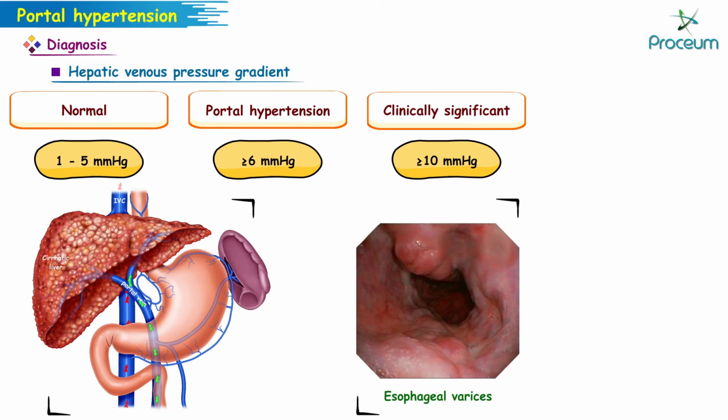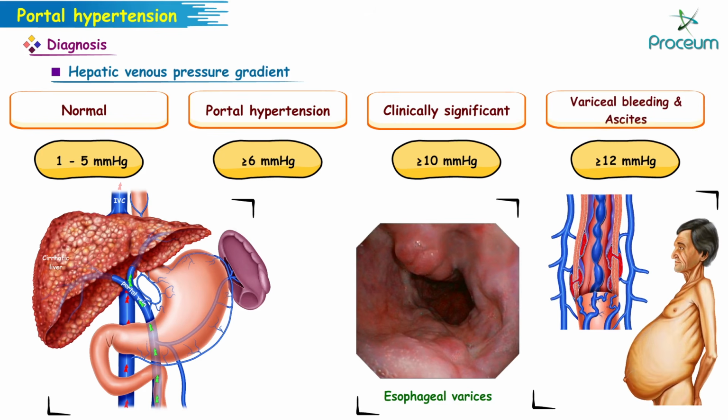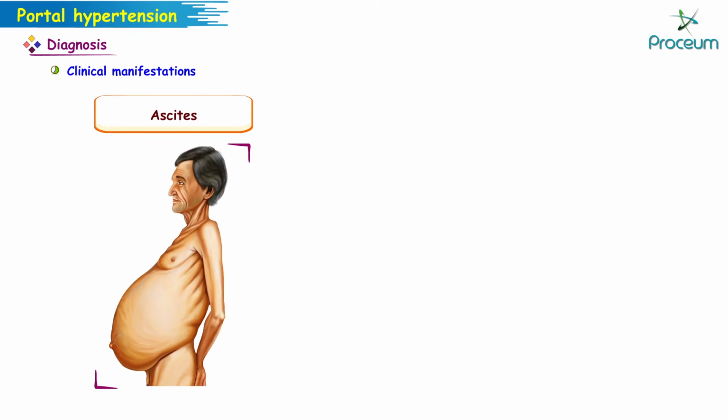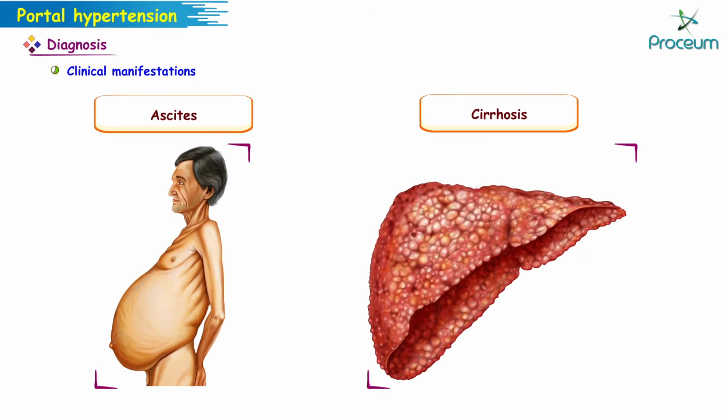Once the hepatic venous pressure gradient is beyond 12 millimeters of mercury, patients become at risk for variceal bleeding and the development of ascites. Clinical manifestations of portal hypertension, like ascites, in a patient with a known risk factor, like cirrhosis, may already suffice for diagnosis.